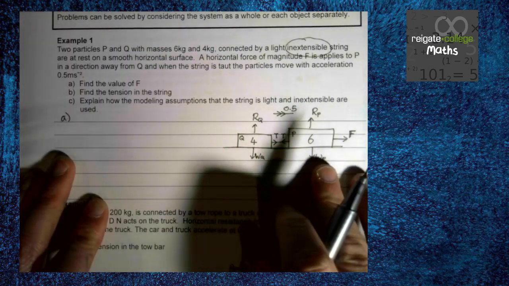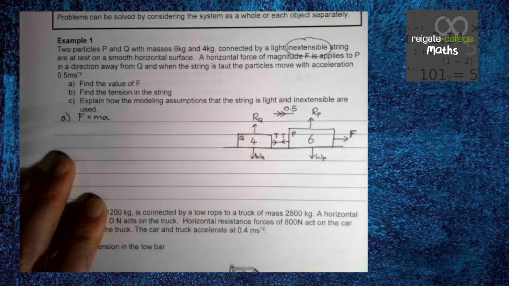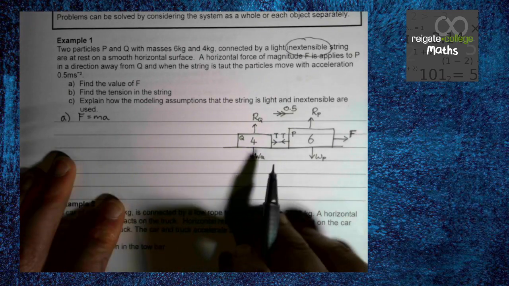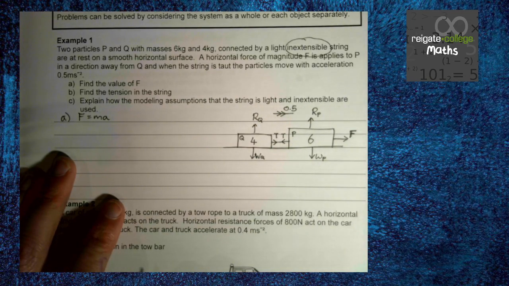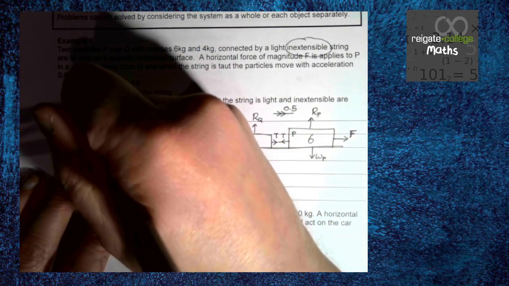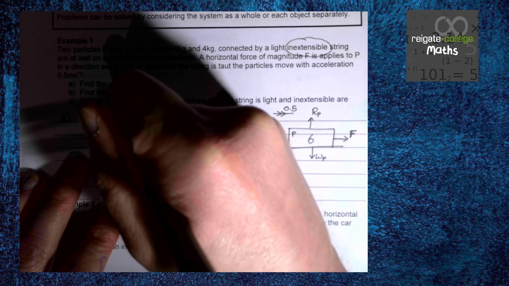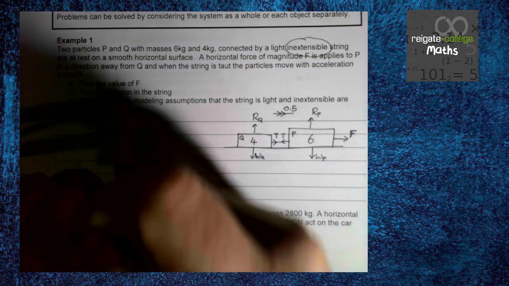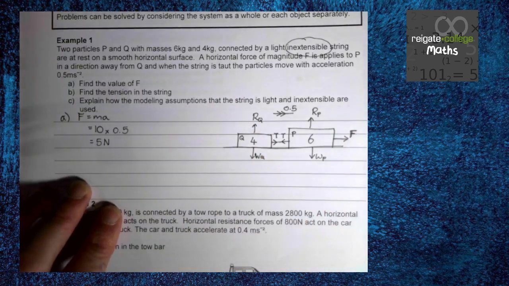So we know forces forward, so F is going to equal mass times acceleration. So the mass of everything together, because they're accelerating at the same rate, is 10, and we're told it's accelerating at 0.5 meters per second squared. So F is 5 newtons.